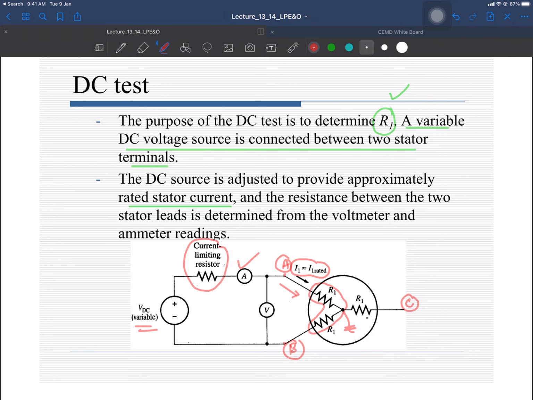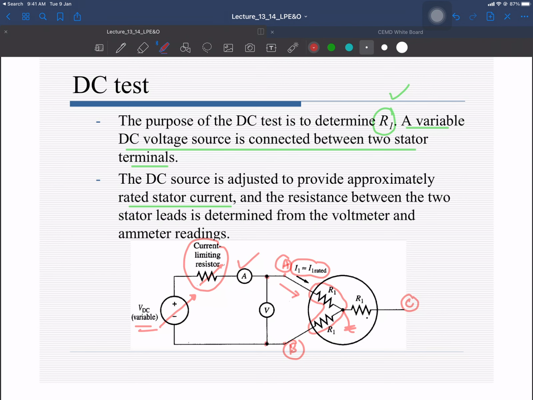Measuring this current and looking at the voltage at the machine terminals, we will be changing either this DC voltage source or this current limiting resistance to adjust the current in the winding. Usually we use the variable DC voltage, and we adjust it in such a way that the rated current flows through this winding, and then we can find the resistance.